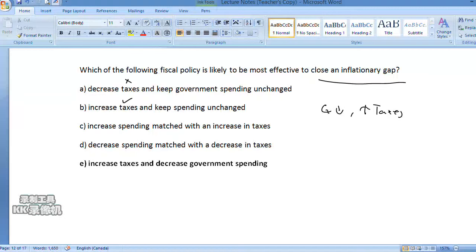So this is a maybe. Increase spending, no, we want to decrease government spending. Decrease government spending, yes. Match with a decrease in tax, no, we want to increase taxes. Increase taxes, yes, and decrease government spending. So that's the best answer, E.